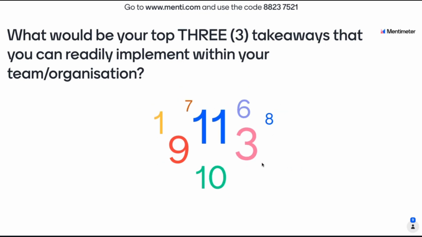Okay, none of you have responded. Got a lot of ones. In fact, number 11, many of you have responded number 11. So that's the biggest number that's coming out. Number 9, 3 as well.